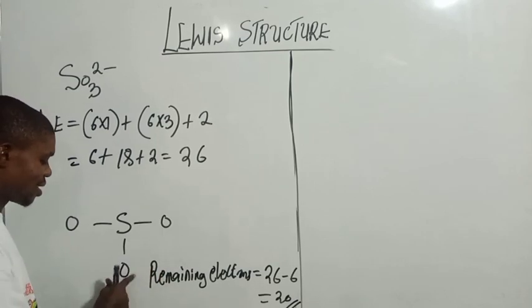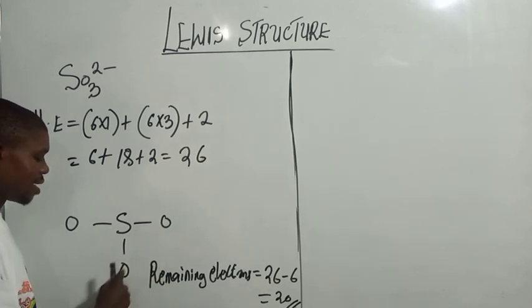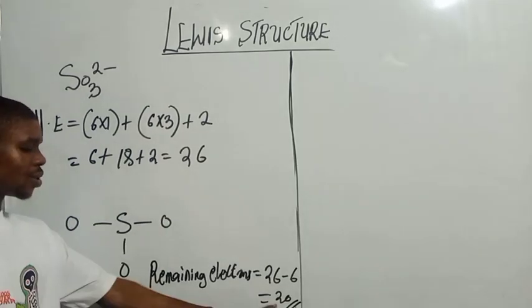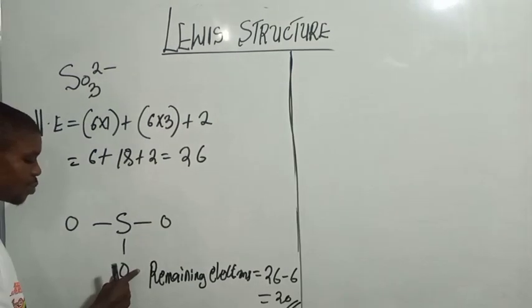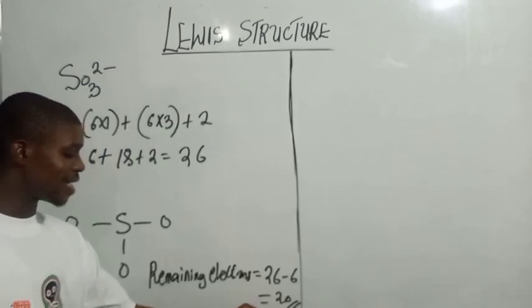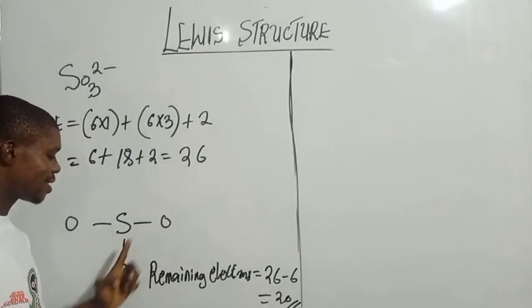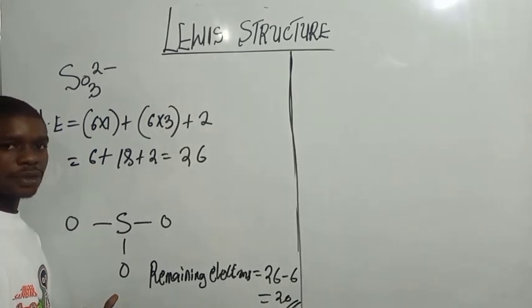That is 6 dots here, 6 dots here, and 6 dots here. So if each takes 6 electrons, 6, 6 making 12, 6 making 18, out of the 20 electrons remaining, I've used 18 electrons. The remaining 2 electrons will go to the center atom.